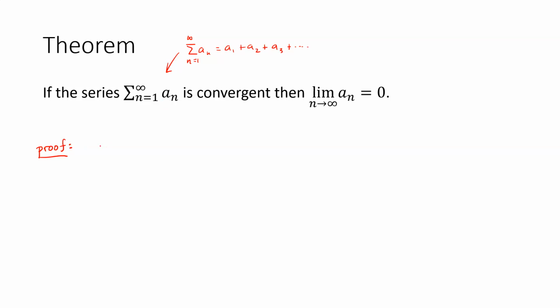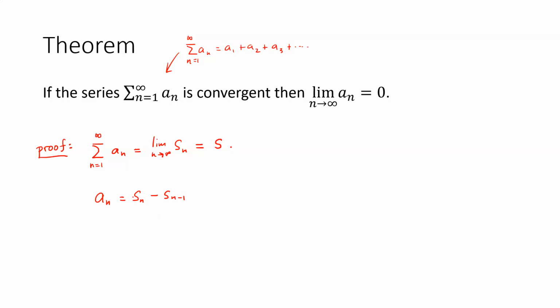So we know that if the series is convergent, then we know that the limit as n goes to infinity of its partial sums will converge to some sum, let's call it S. And then notice that an can be expressed as the difference between the nth partial sum and the n minus 1th partial sum.